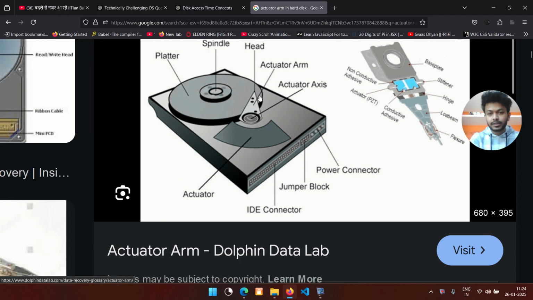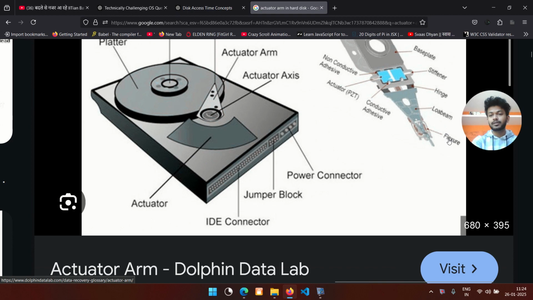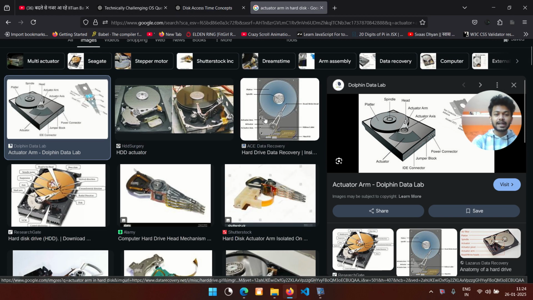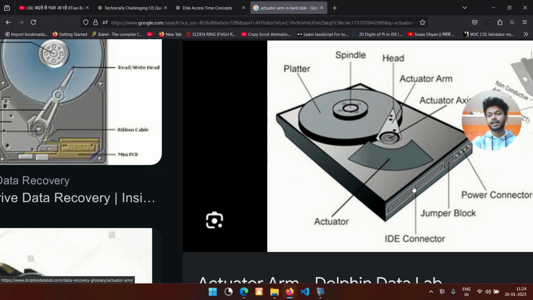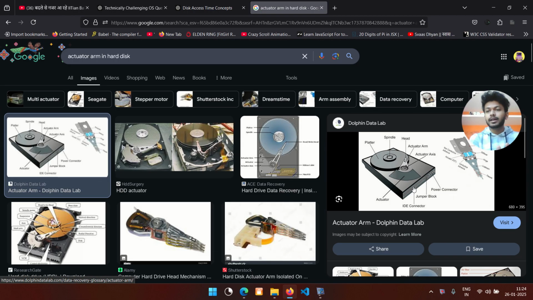So this thing here keeps rotating. Why does it rotate? Because at the tip of the actuator arm, there are read and write heads, which actually help you read the data from the disk. So, what is seek time?